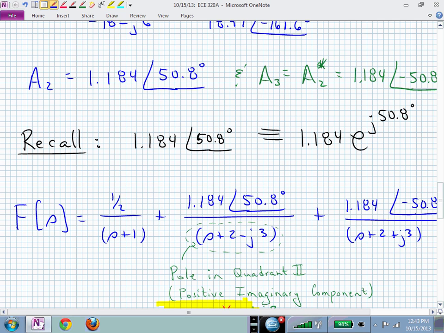And all we have to do is remember that 1.184 at an angle of 50.8 is equivalent to a magnitude of 1.184 e to the j 50.8. That e to the j is giving us this magnitude of 1 at an angle of 50.8 degrees.